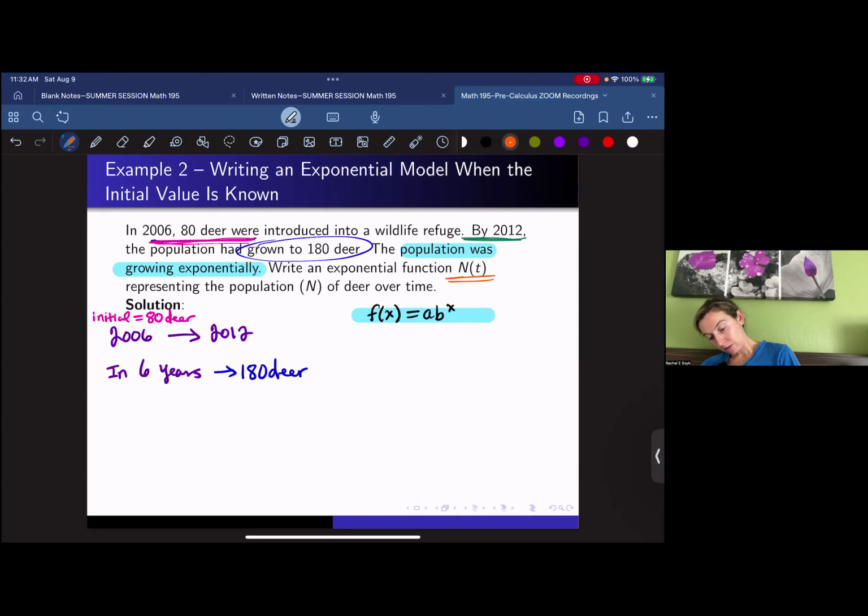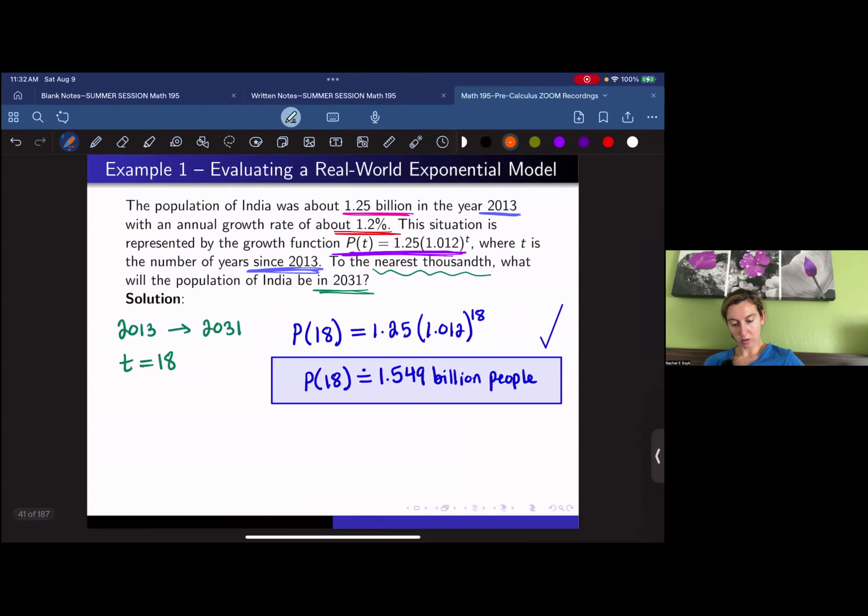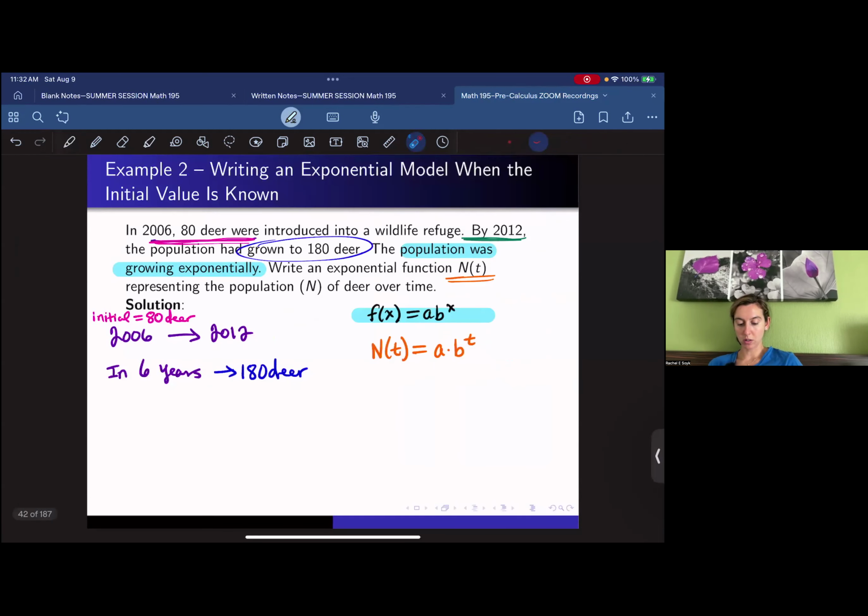We're going to have n of t is equal to a times b to the t. I'm curious if they use those variables over here. No, they used t. Yeah. I was curious what they used over here. But a and b suffices.